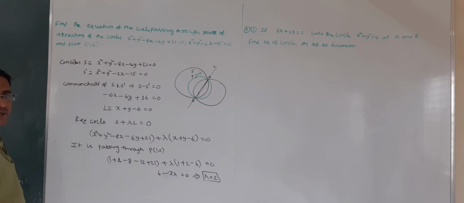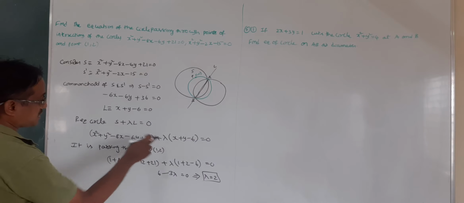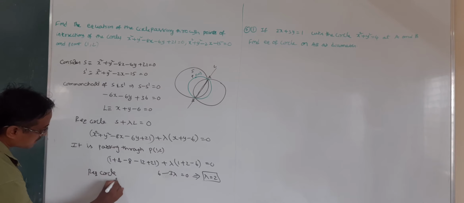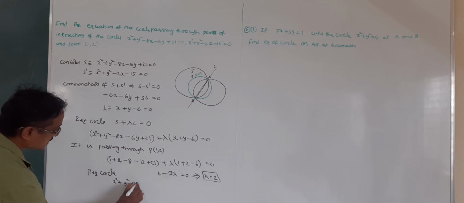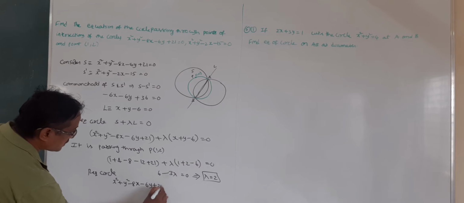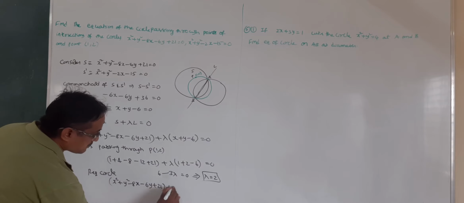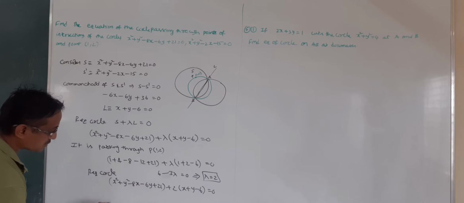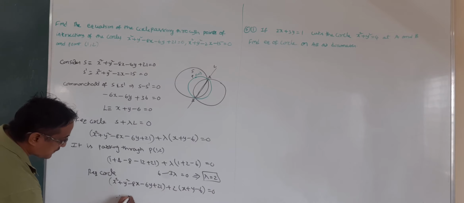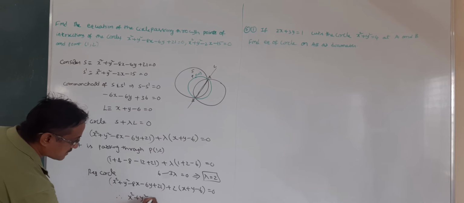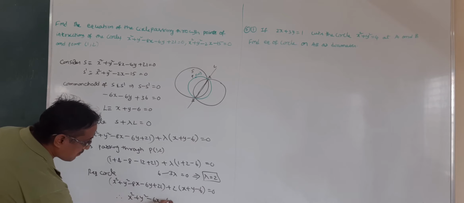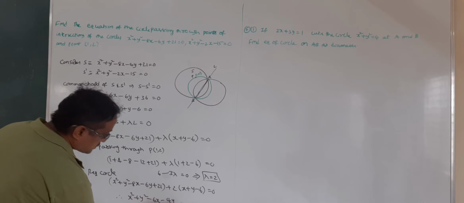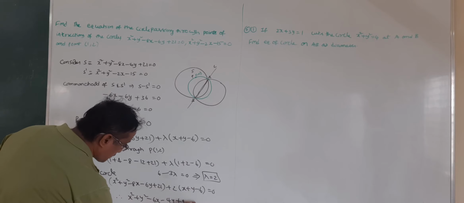Now replace the lambda value here. The required circle will be x square plus y square minus 8x minus 6y plus 21 plus 2 into x plus y minus 6 equal to 0. So therefore x square plus y square minus 6x minus 4y plus 21 minus 12, so plus 9 equal to 0.